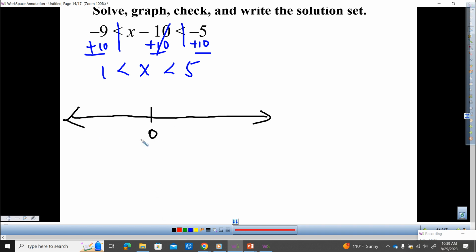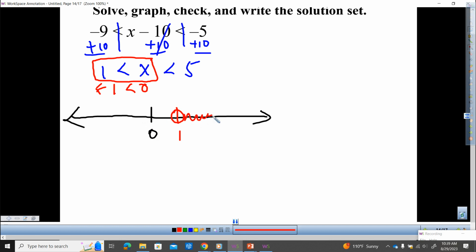I'm going to focus first on the first part of the compound, which is this one. What's my dividing point? 1. It's an open point. Now, like I said, I like to check the number that's already there so I can see if I'm going to shade to the left or towards 0. So, let's see. Is 1 less than 0? No, that's false. So that means I can't shade to the left.